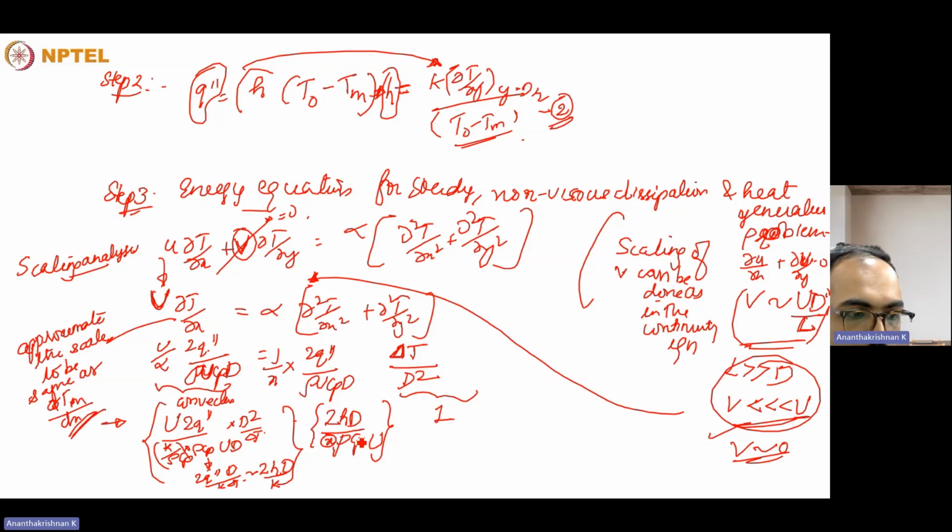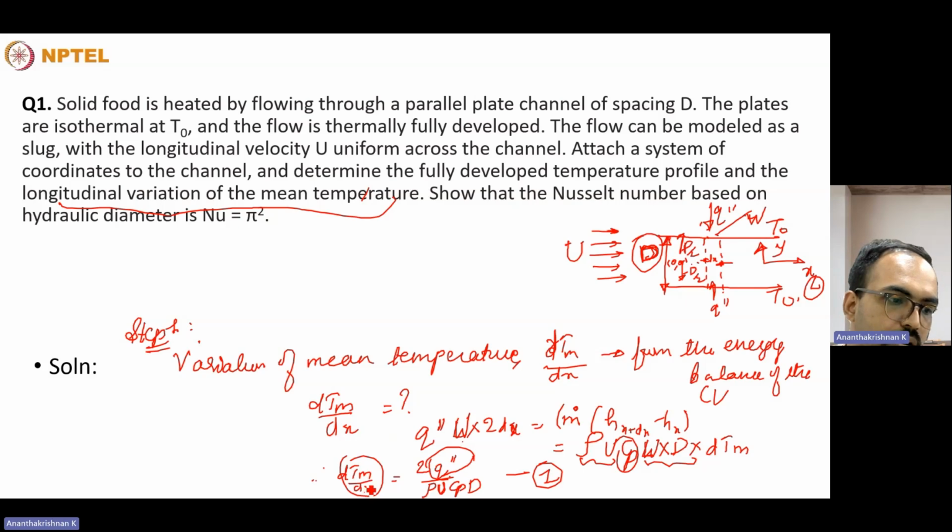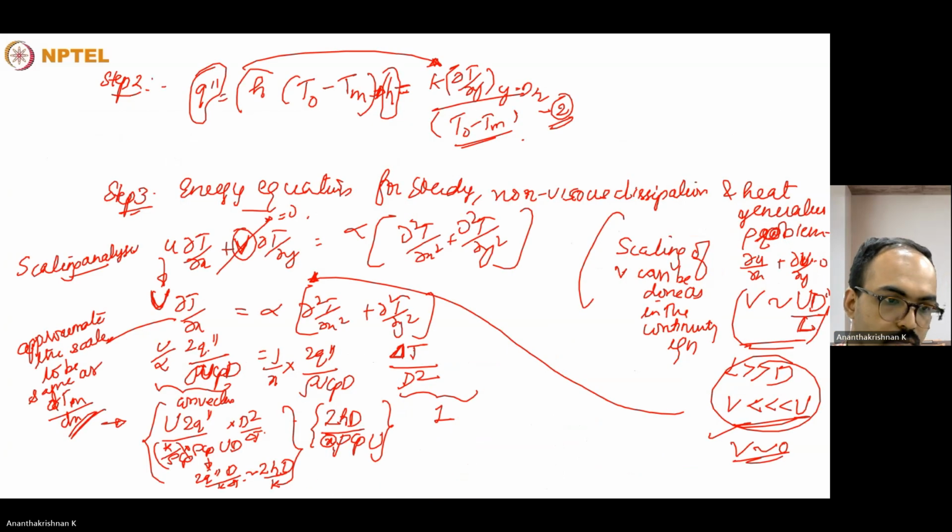So if we can somehow scale x using some other method, we can actually remove that from the equation. So we can use this equation, ∂Tm/∂x can be of the same order as ∂T/∂x. Therefore, ∂T takes the form ΔT and x takes the form x. What we are trying to do is write x in terms of all other parameters. So in order to scale x, what we could do is the following.